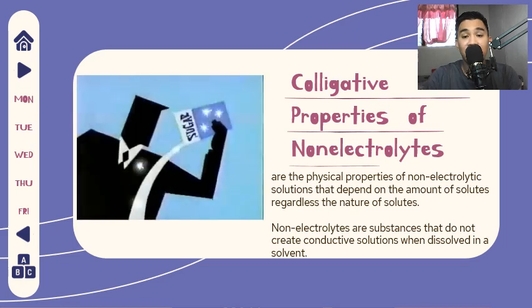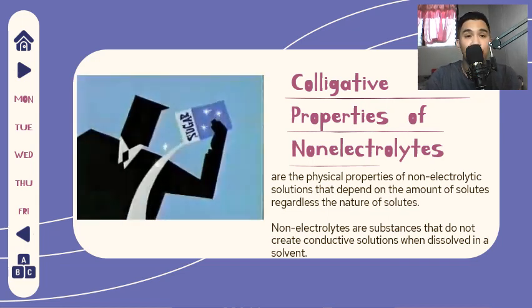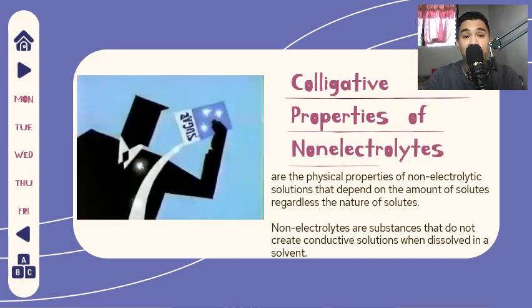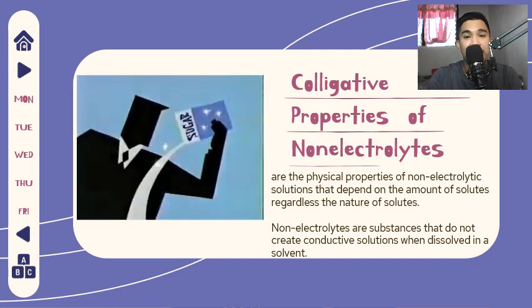Non-electrolytes are substances that do not create conductive solutions when dissolved in a solvent. For example, sugar is a non-electrolyte because when sugar is dissolved in water, it exists in molecular form, which does not dissociate into ions. And these sugar molecules are incapable of conducting electric currents through the solution.